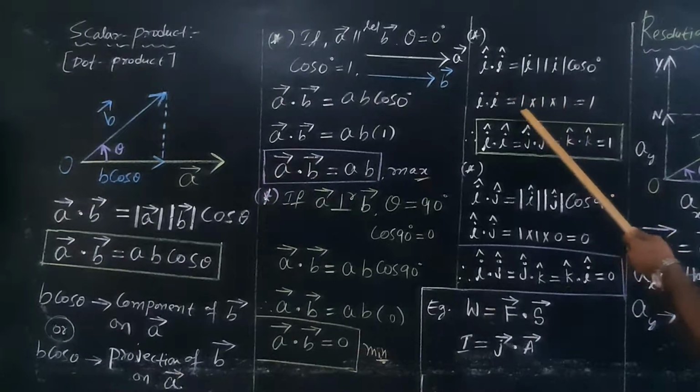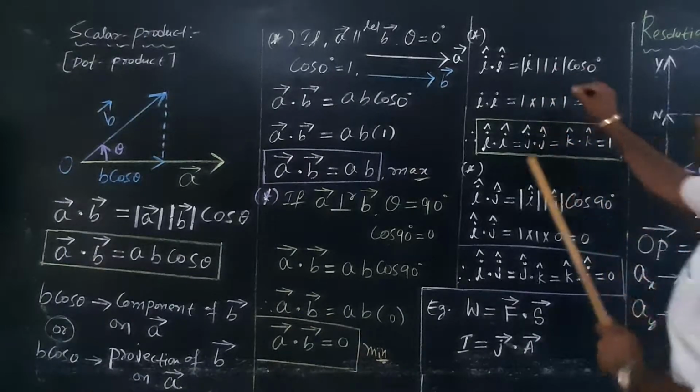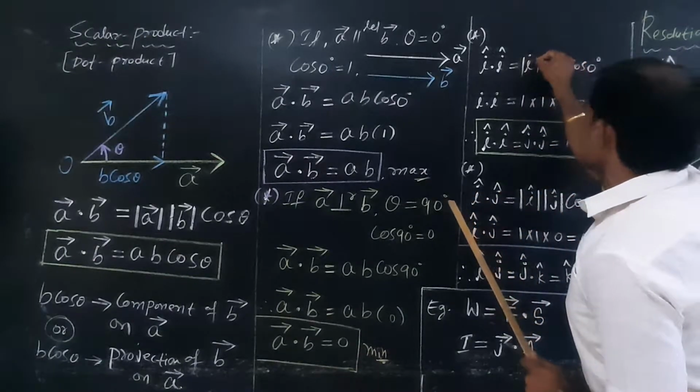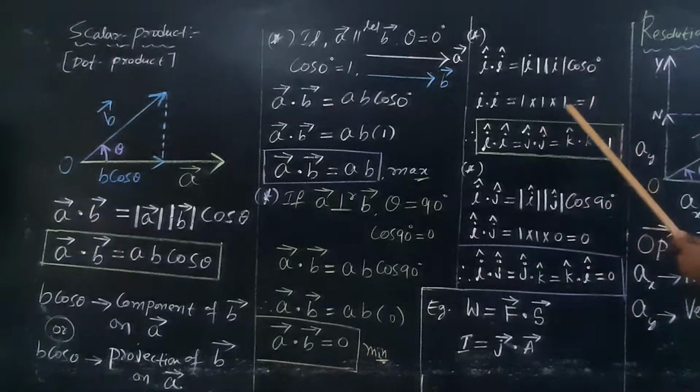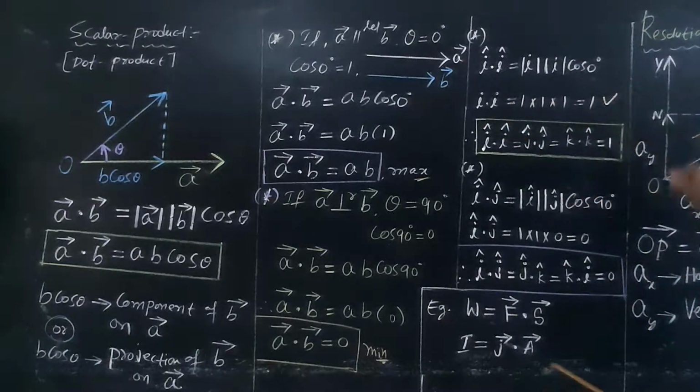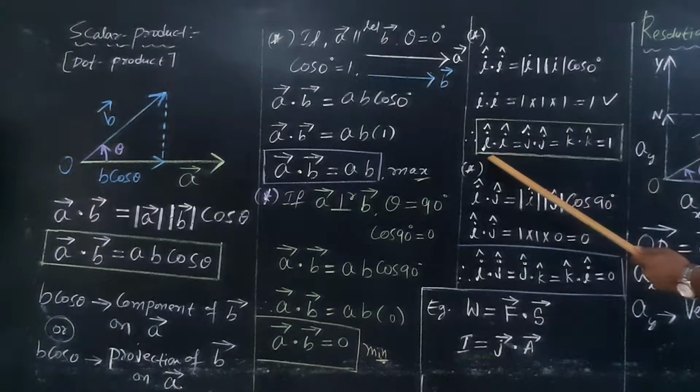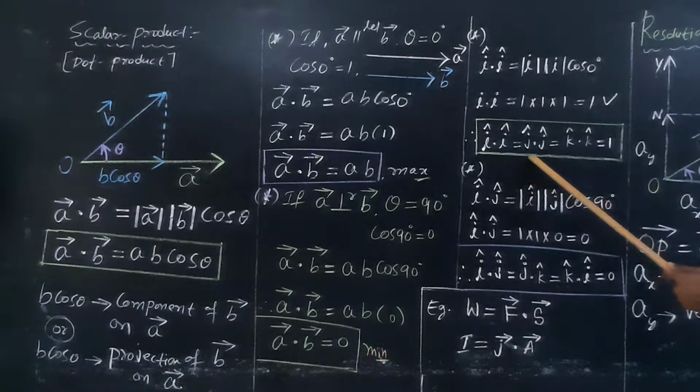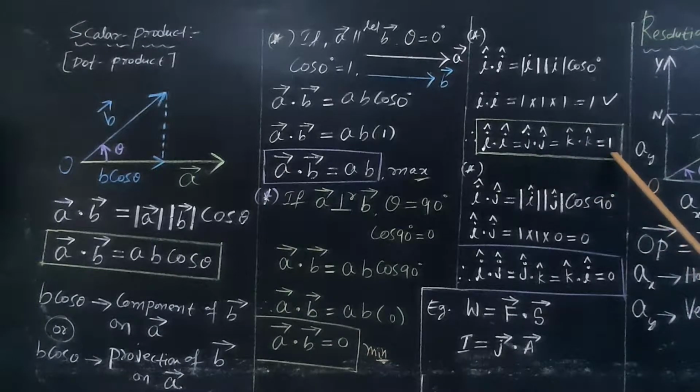Magnitude of i is 1, and magnitude of i is again 1. Cos of 0 degree is 1, therefore i dot i is equal to 1. Similarly, j dot j is equal to 1, k dot k is equal to 1, because if two vectors are parallel, then their dot product is maximum.